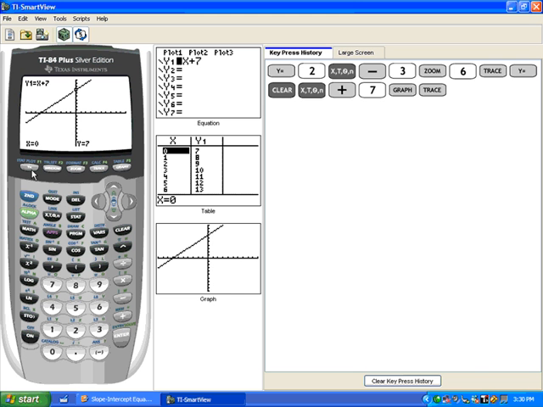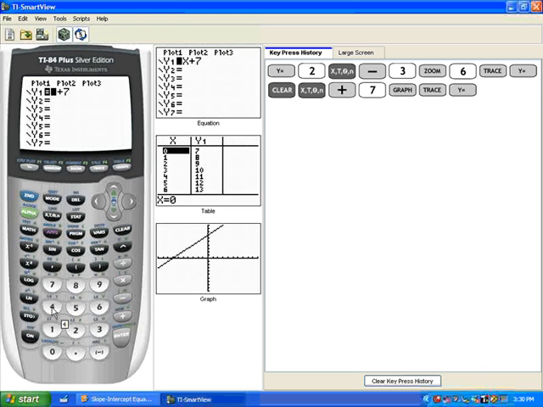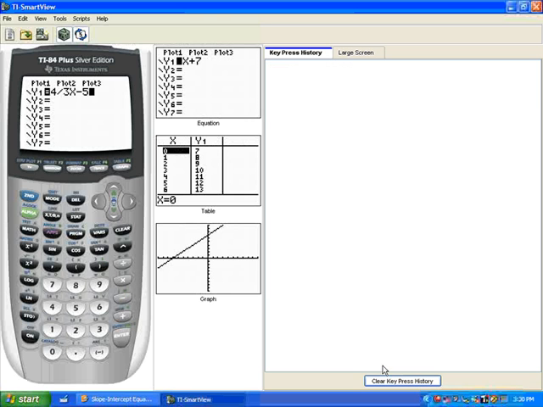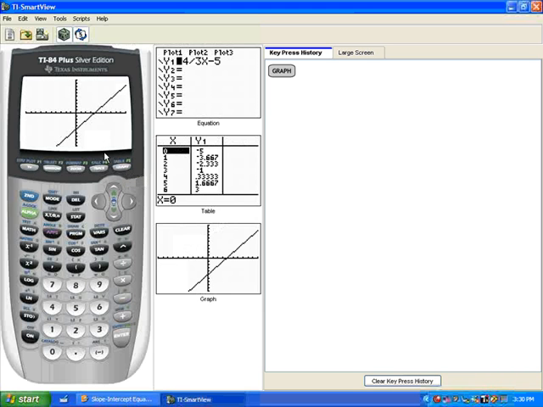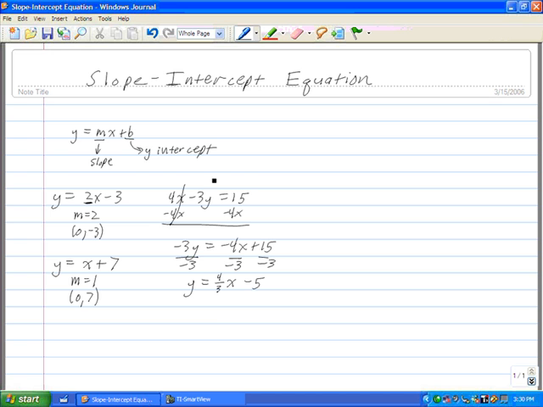And again, on the calculator, we can put in the 4/3 x minus 5, and when we graph that one, we see a positive slope, and we can see the y-intercept negative 5 exactly as expected. So from this equation, you can clearly and easily pull out a slope and a y-intercept. And we can also use that to graph.